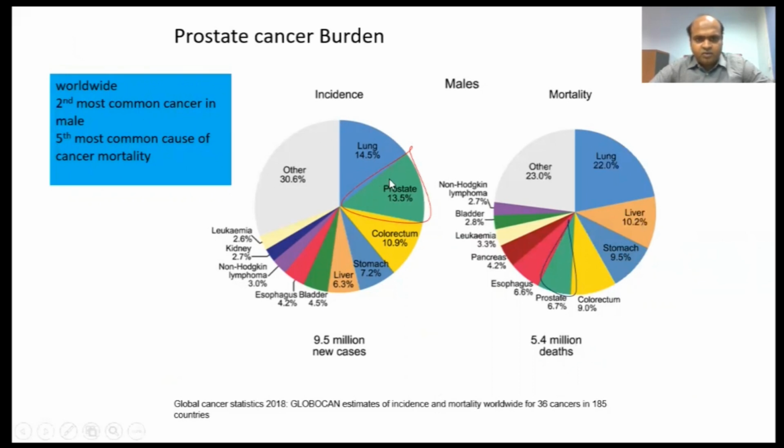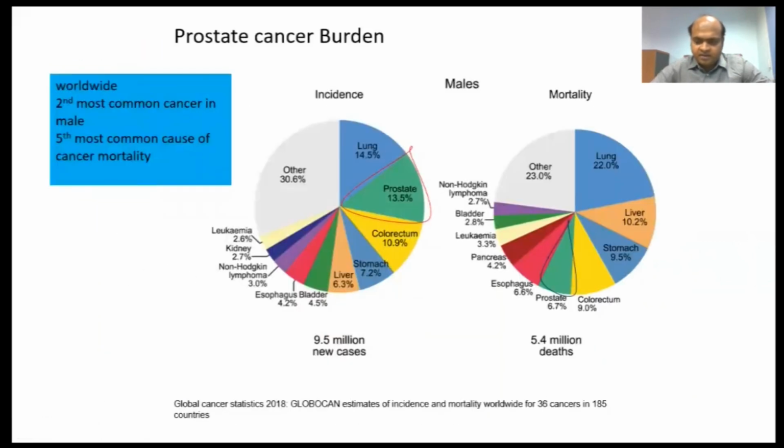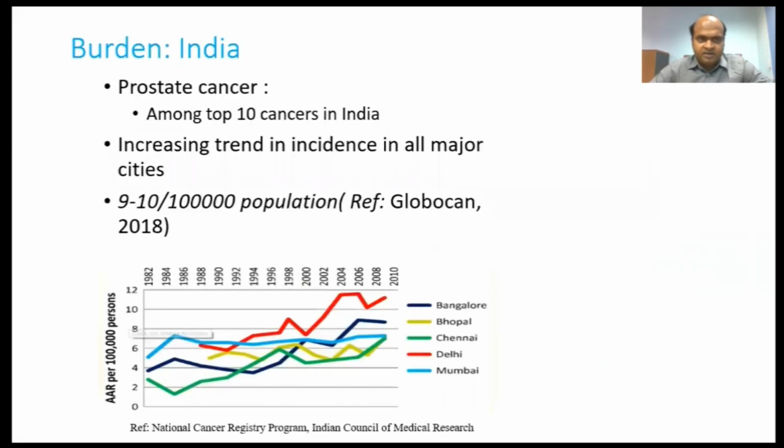It is the second most common cancer in males, whereas it is the fifth most common cause of mortality, as you can see in the right hand picture in the worldwide data. Whereas in India, it is among the top 10 cancers, and the incidence is increasing in most of the major cities.